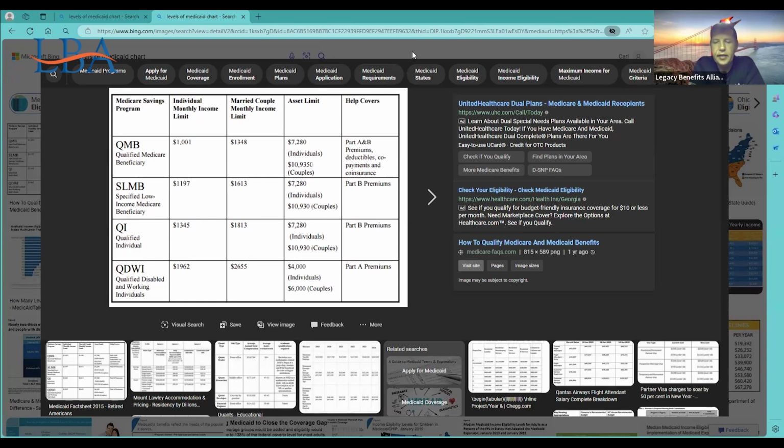What that means is this person falls within a range of income where the state is going to pick up the premium for their Part B. So that 162, 171, whatever they're paying is going to get picked up by the state that they live in. Okay. Now, technically, that's all that that does for the client.